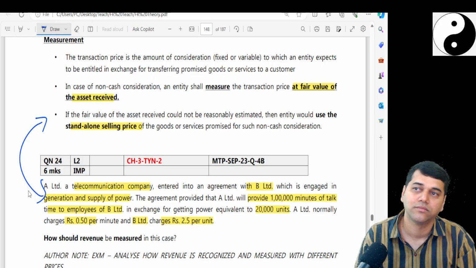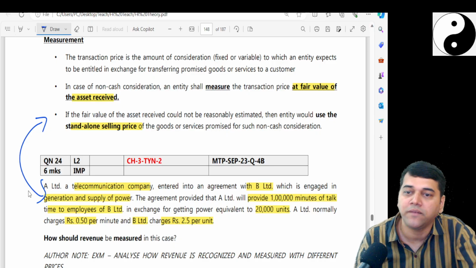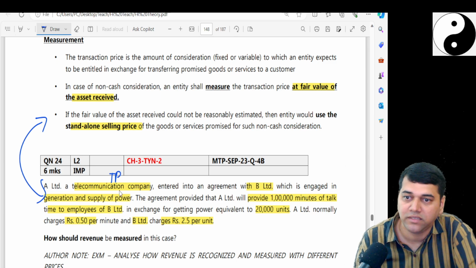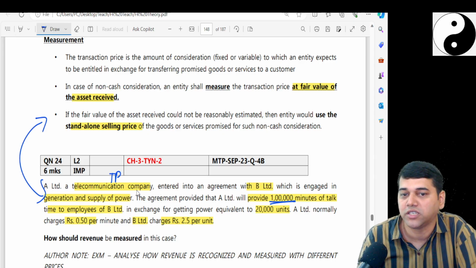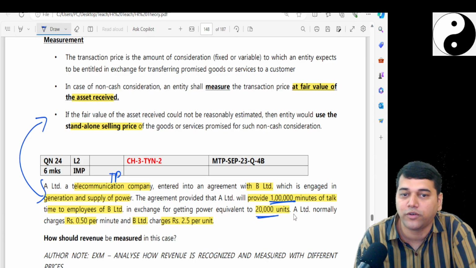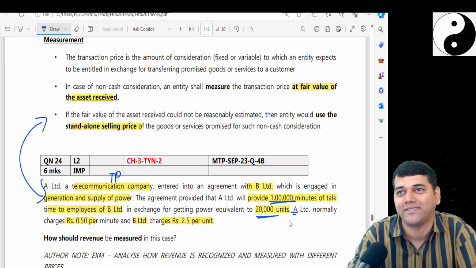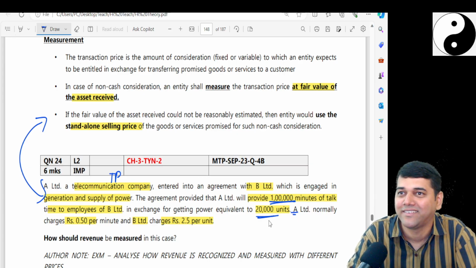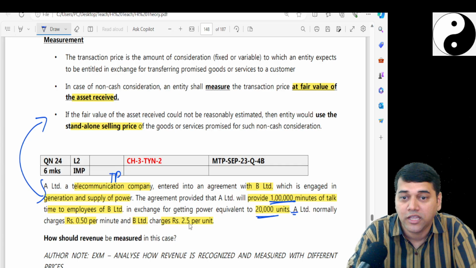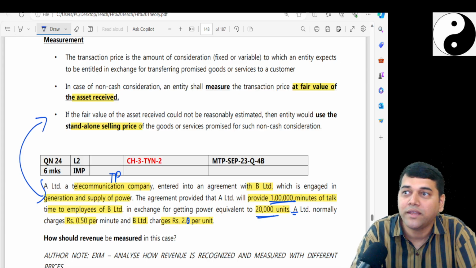Understood? Now just tell me one thing, what is the transaction price for 1 lakh minutes of talk time sold to the telecommunication company, and what is the transaction price for 20,000 units to a power generation company? Same. So what do you think in the exam? They may make something like this. Why?